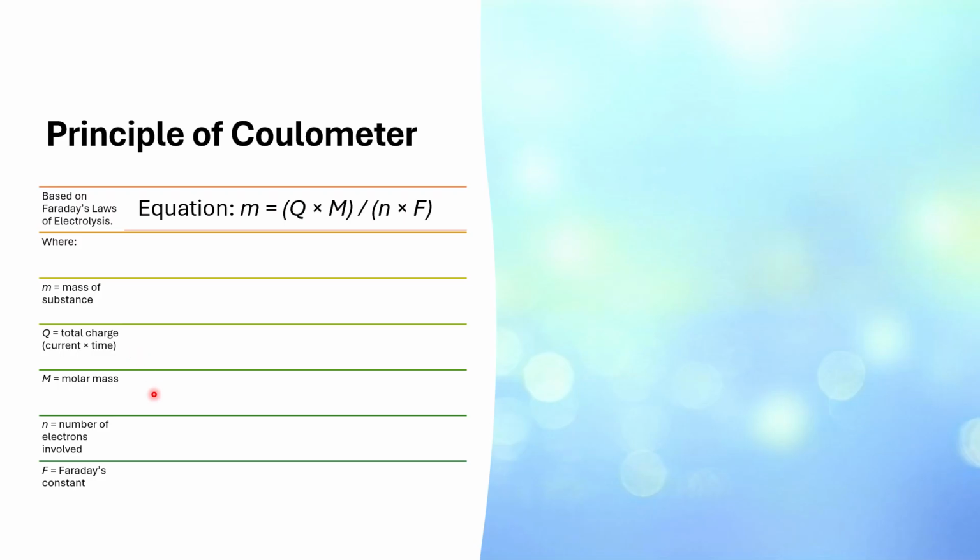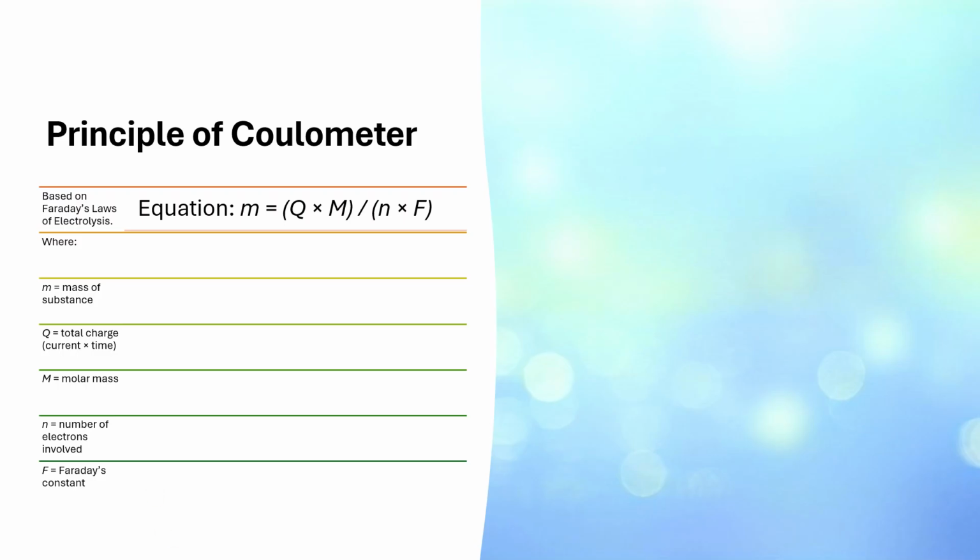M is the molar mass of the substance that we are going to analyze, n is the number of electrons involved in the electrochemical reaction, and F is Faraday's constant, which is generally equal to 96,485 coulombs per mole of electrons.